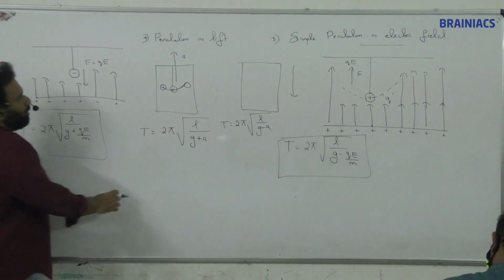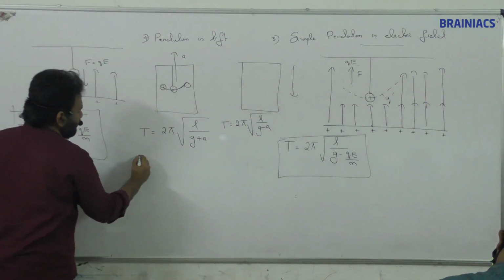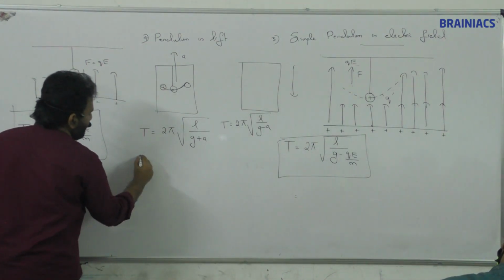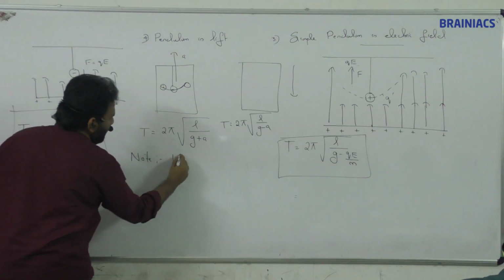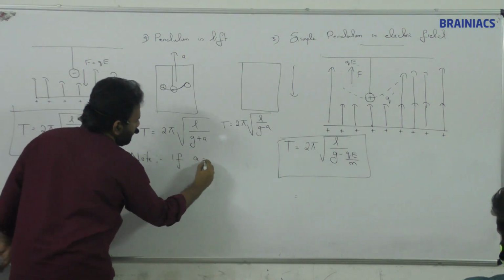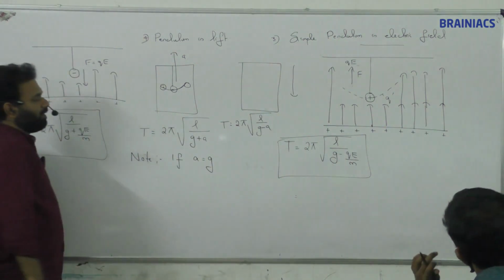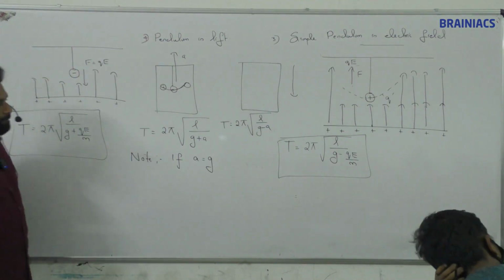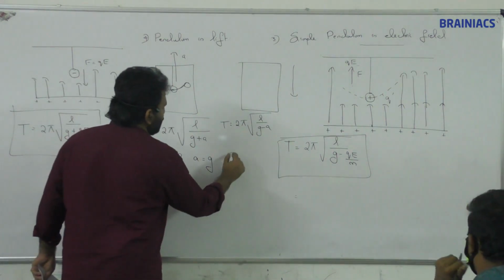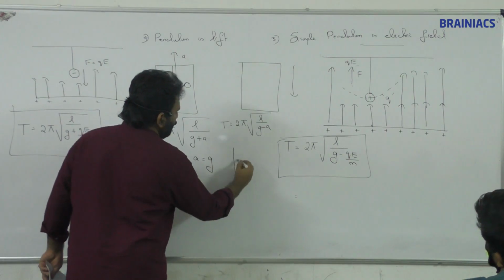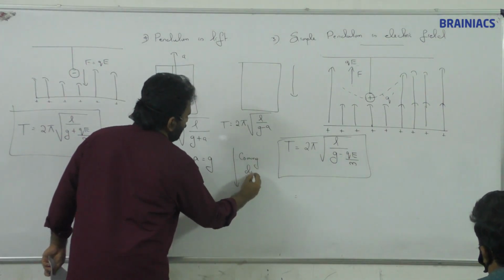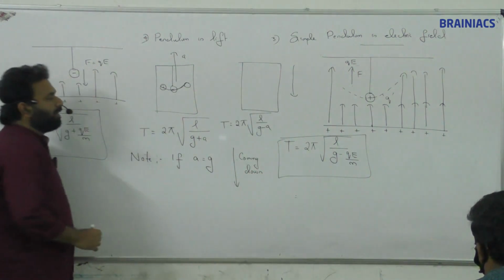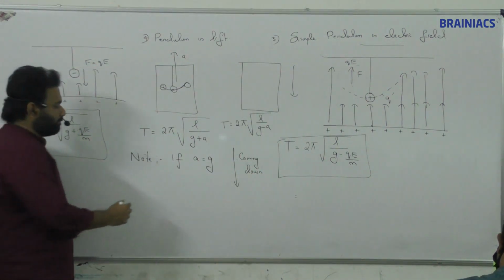Now in this case, if A is equal to G, and the lift is coming down, then what is the time period?